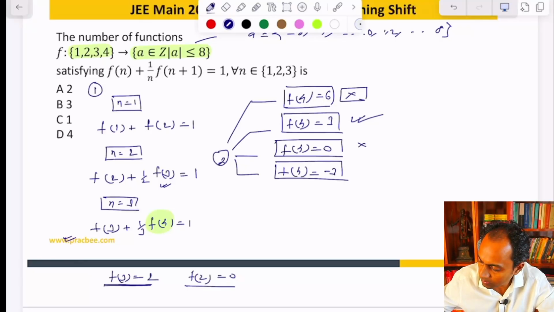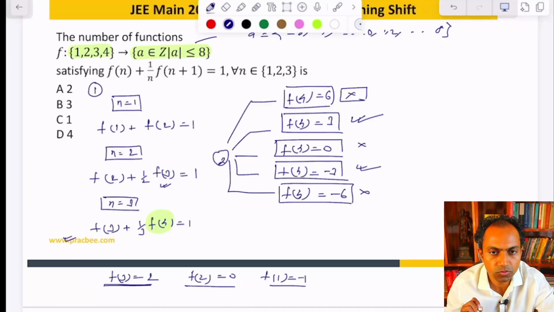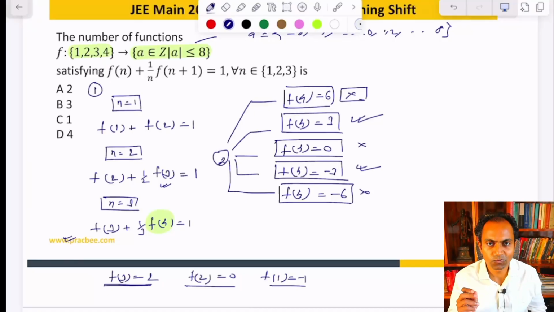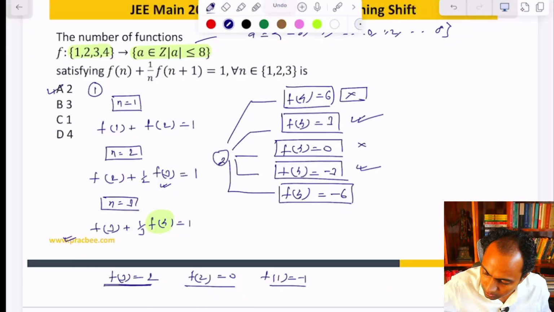And if f of 2 becomes 0, f of 1 will be equal to 1. You can see that this is possible. The next value of f of 4 that can happen is minus 6, but since this is an even number, again there would be no solution. You can see that out of 4 cases that were possible, and we considered these 4 values for f of 4 only because these were multiples of 3, only 2 are possible. Hence option A becomes correct.